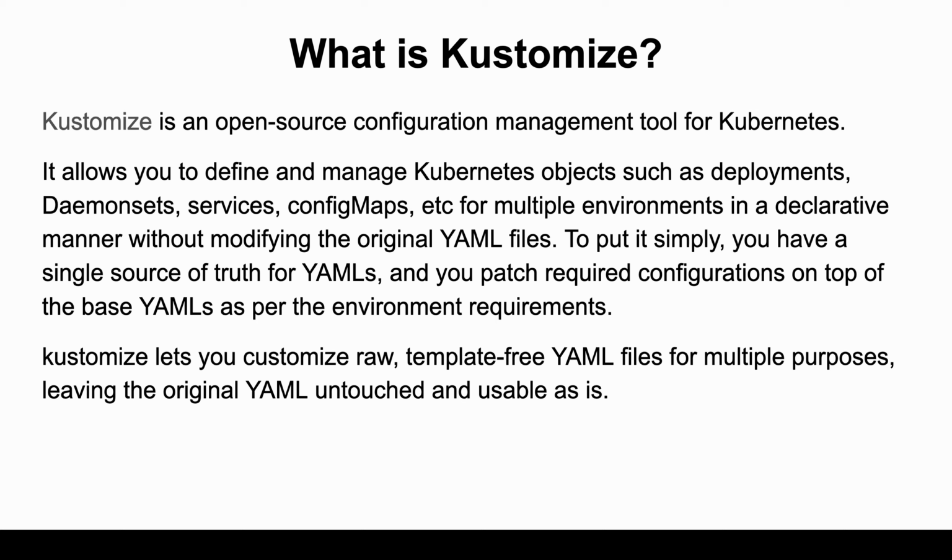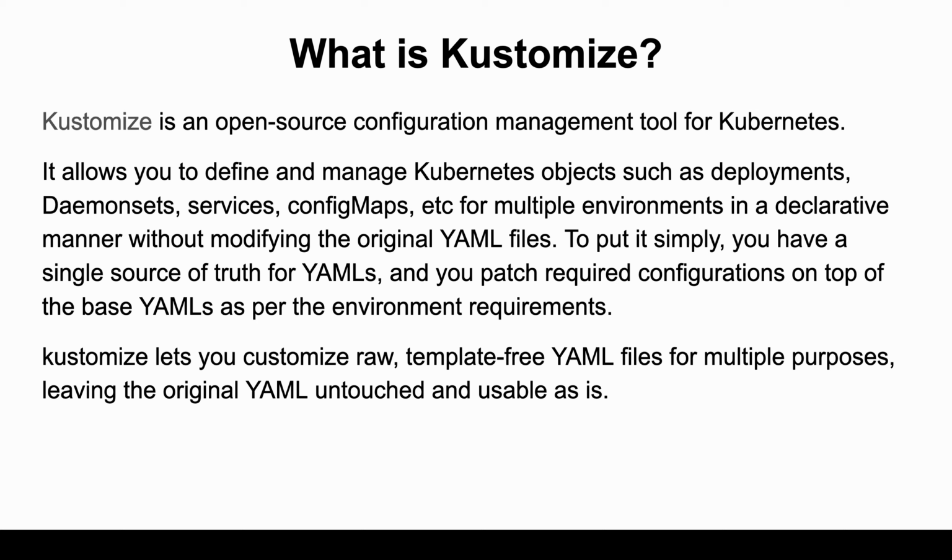This tool allows us to define and manage Kubernetes objects such as deployments, daemon set, services, config map, etc. for multiple environments in a declarative manner without modifying the original YAML files.